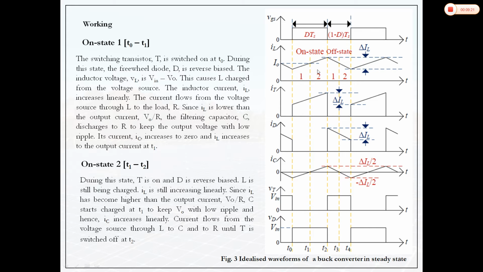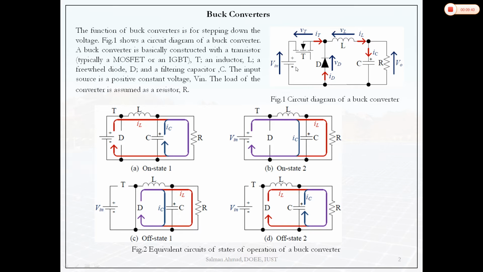From this you can see that the IL current is increasing from some minimum value to some maximum value. In on state 1, from here to here, IL is less than IO. If you see the circuit diagram, if IL is less than IO, this side current is less and this side current is more.